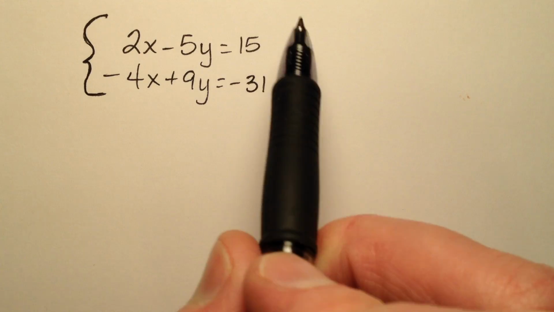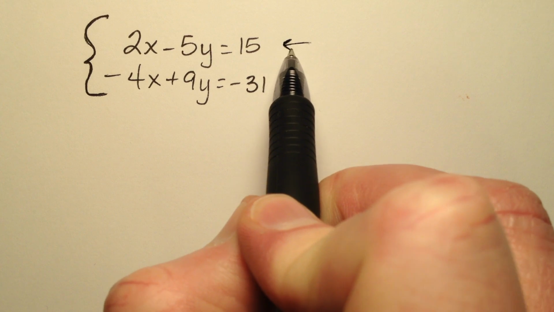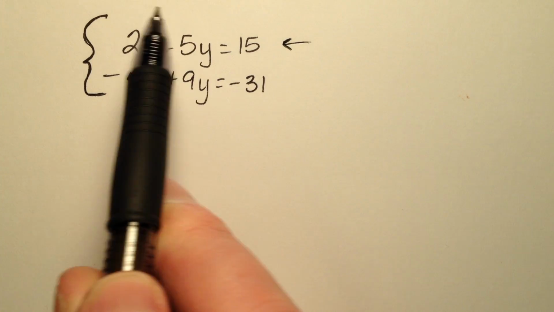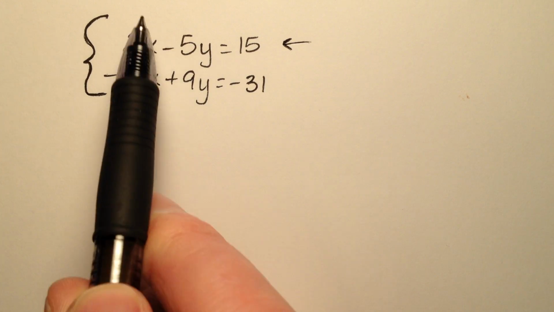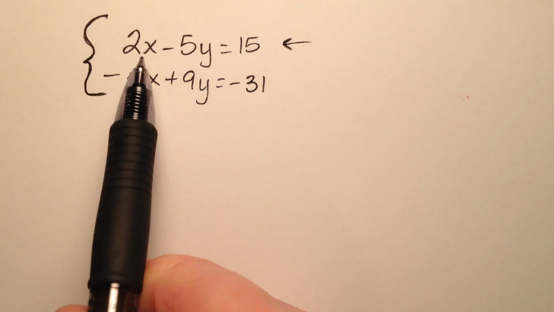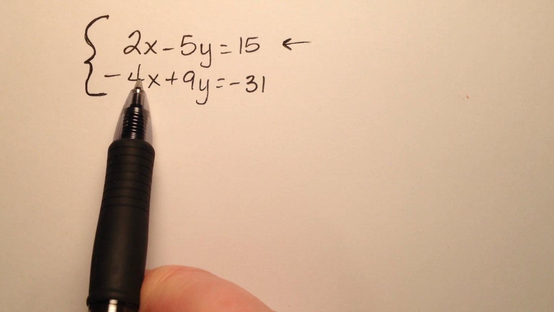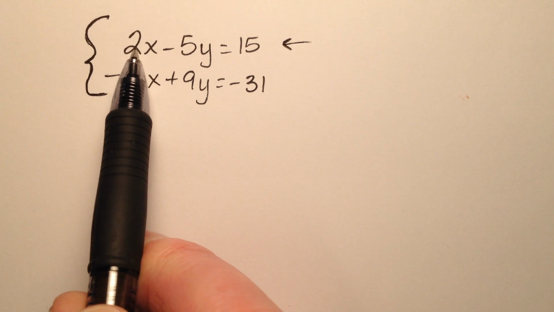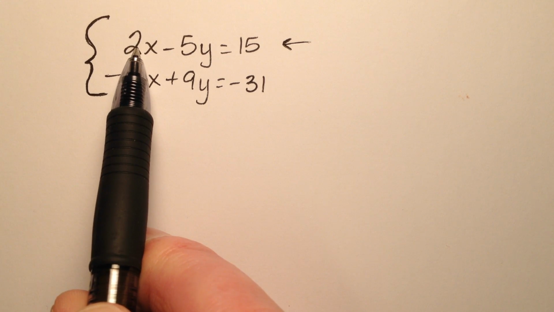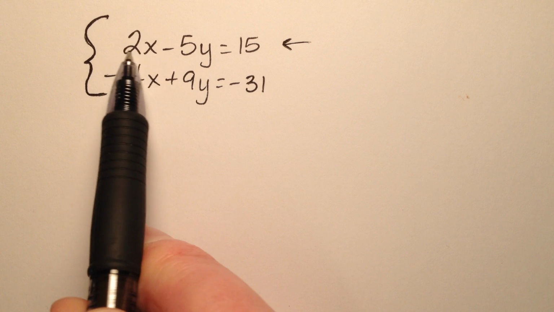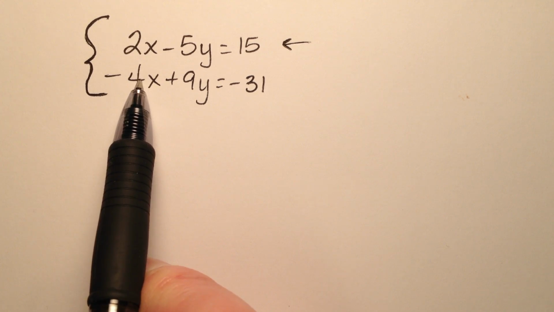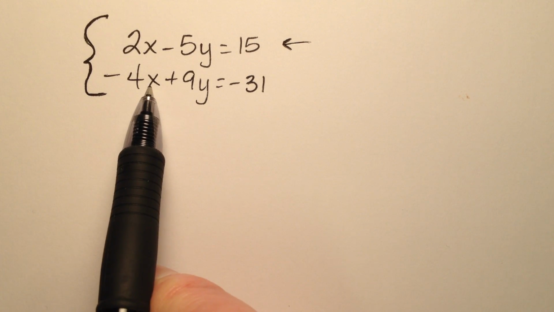So we're going to take this first equation and we're going to adjust it. And the reason we've chosen the first equation, and very specifically we're going to look at the x's, is because 2 is going to be a factor of 4. So if I take 2 and I multiply it by 2, I'm going to have a positive 4, which then will cancel nicely with this negative 4.